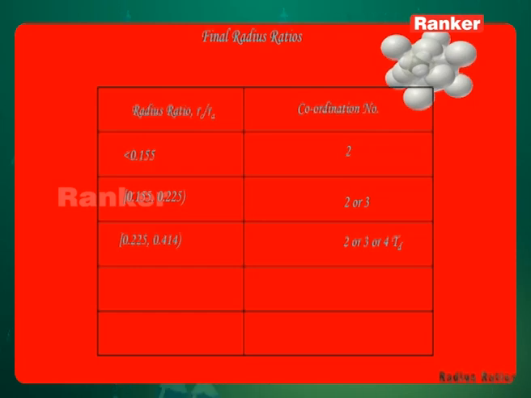So, in general what we can say is 0.225 to 0.414, if the radius ratio exists, then it is the tetrahedral void that is likely to occupy, and 0.414 to 0.732 is square planar if the coordination number is 4, octahedral if the coordination number is 6, and 0.732 to 0.909, it is body centered cubic crystal, right. So, this is the radius ratio rules and the possible coordination number or possible type of the void.